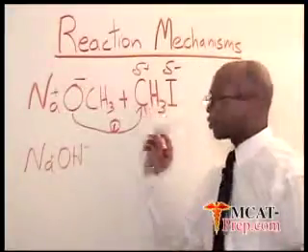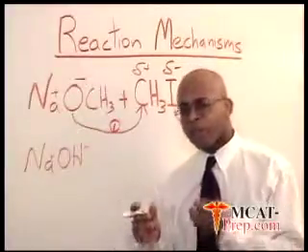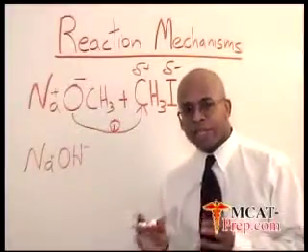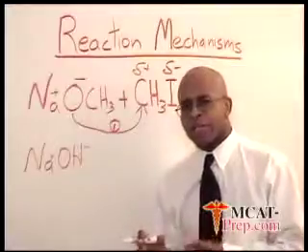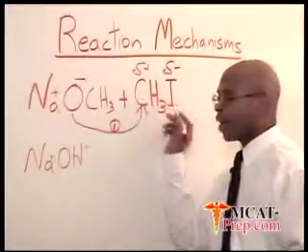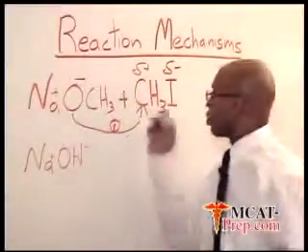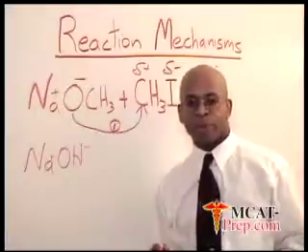Now, the carbon-hydrogen bonds are bonds that are pretty much equally shared, meaning the electronegativity difference between carbon and hydrogen is very low. But the electronegativity difference between carbon and iodine is so great that it is a polarized bond, where iodine is delta negative and carbon is delta positive.